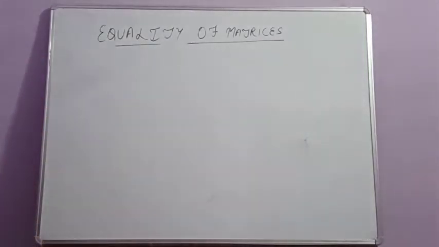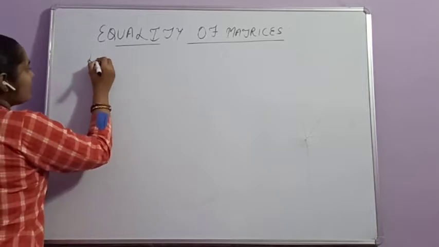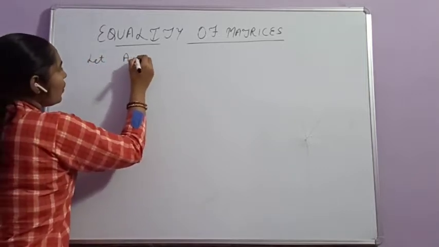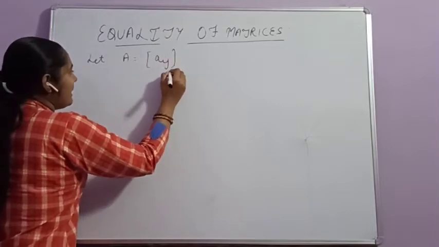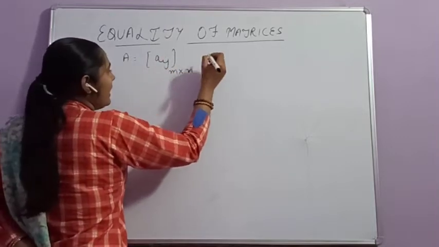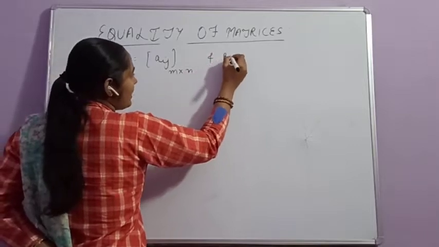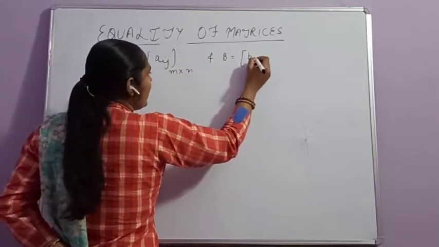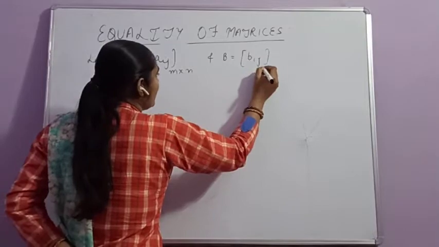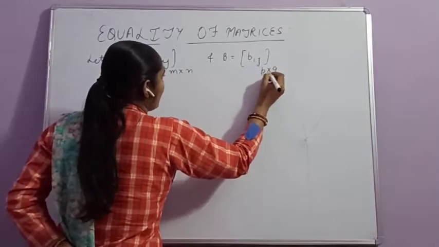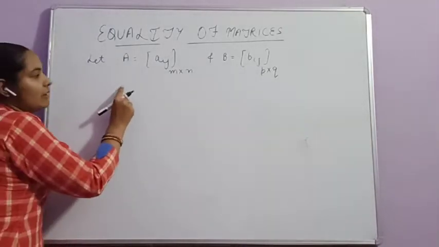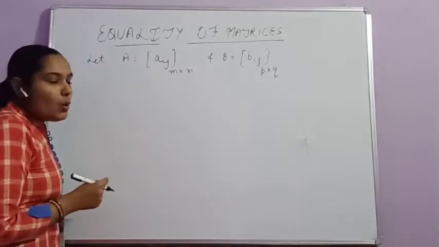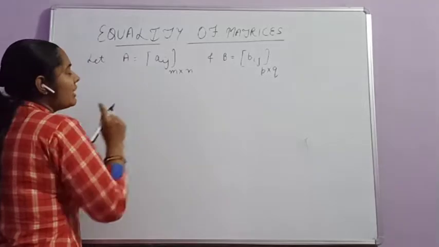Let us consider there are two matrices. That is, first matrix is A with elements aij having order m cross n, and B is another matrix with elements bij and order p cross q. We can say that matrix A and matrix B are equal when their order is equal.